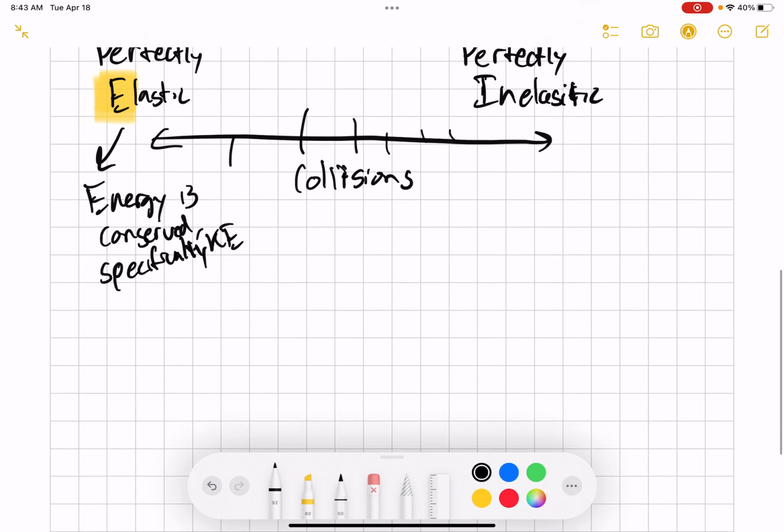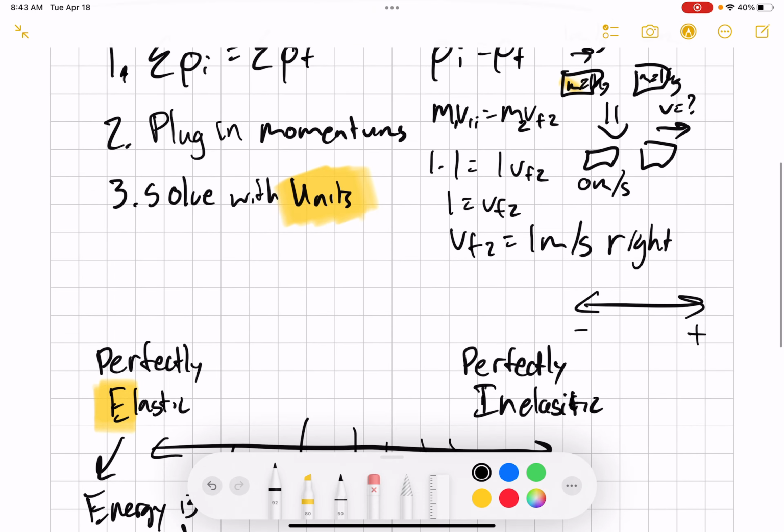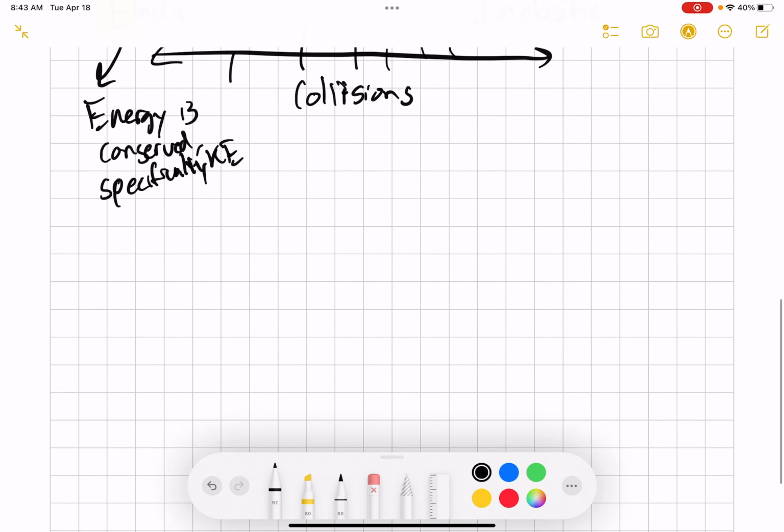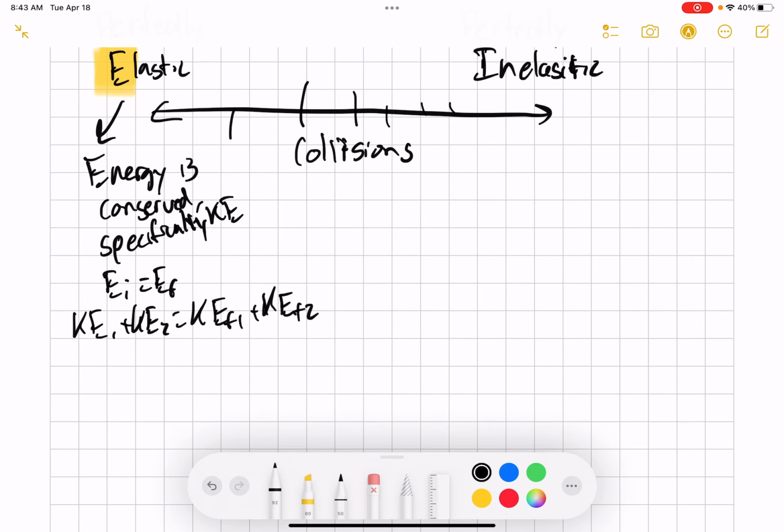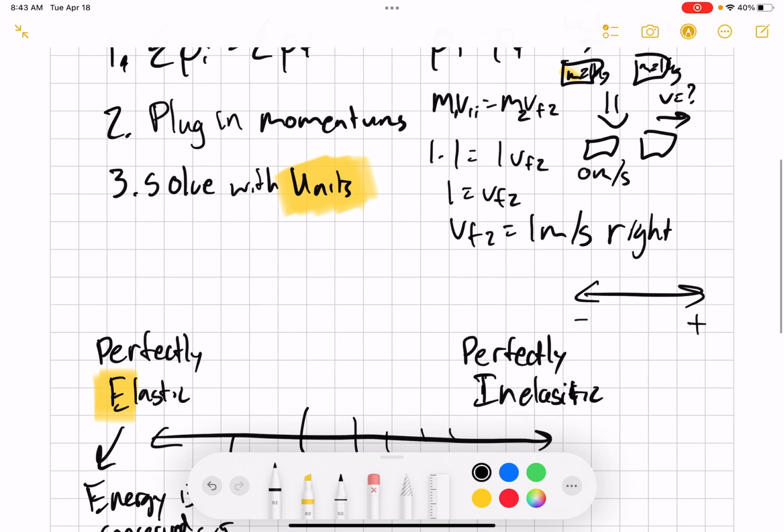So in this case, I can always set up my Pi equals Pf, but now I can also do an Ei equals Ef, and it ends up something like KE1 plus maybe KE2 equals KEf1 plus KEf2. So then I can set up these kinetic energies as well as my momentums.